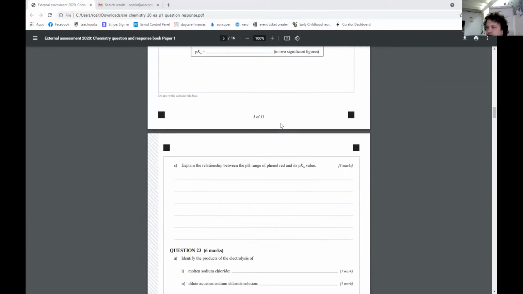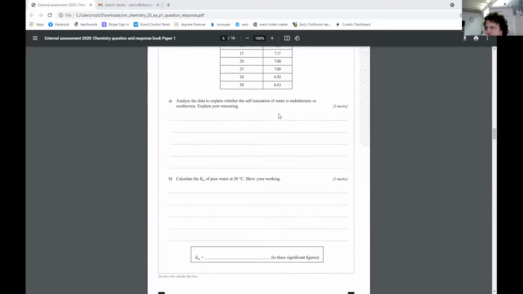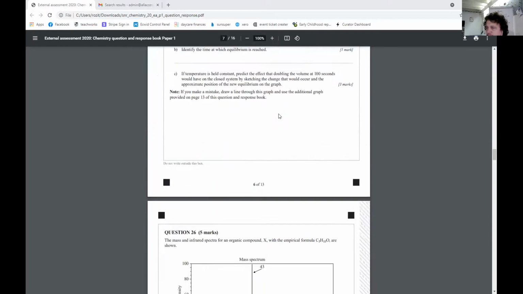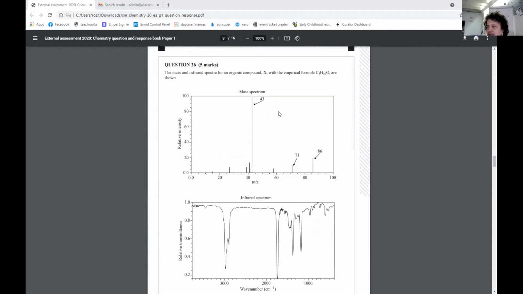All right, I'm not going to look at any other questions aside from organic chem. Only one that matters. So we haven't done, this is organic chemistry, but it is in term 3.